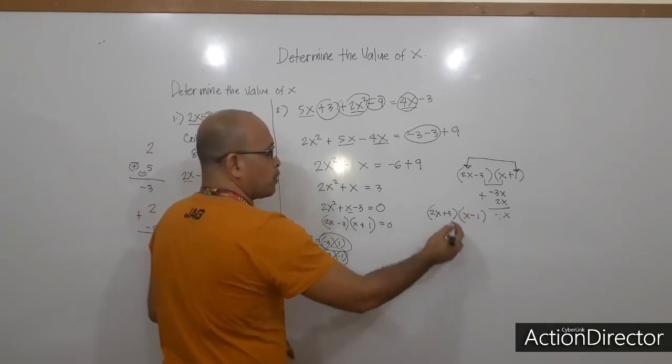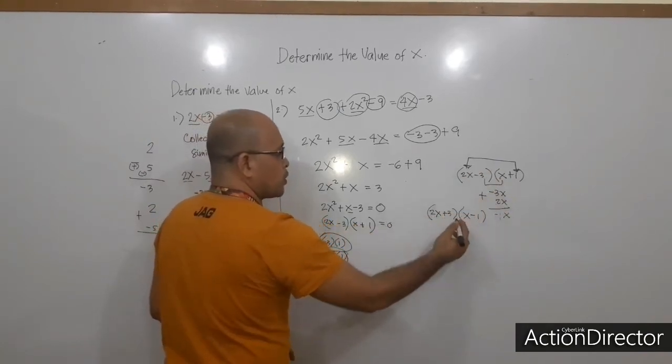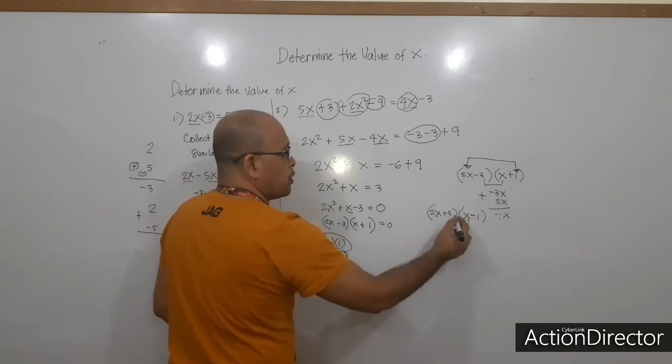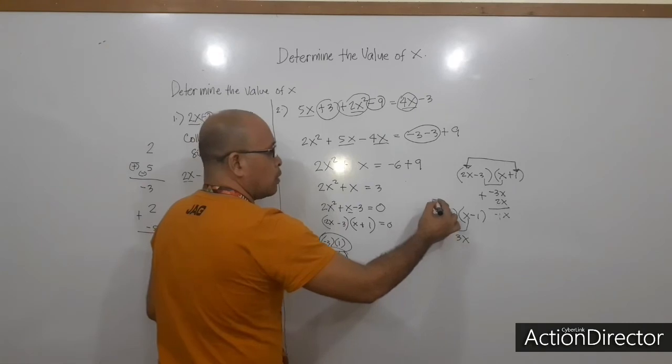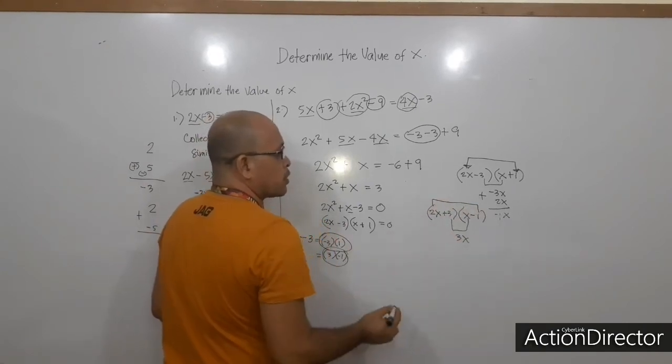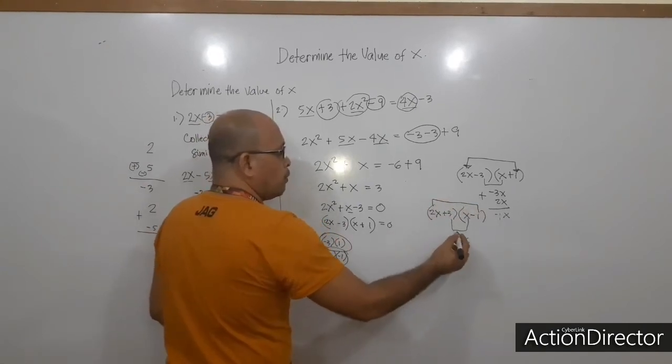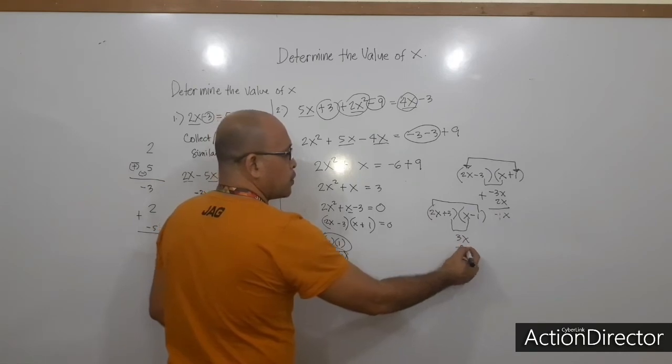And then try to multiply, the same process here. So you have here 3 times x, you have 3x. Next you have 2x times negative 1, you have here negative 2x.